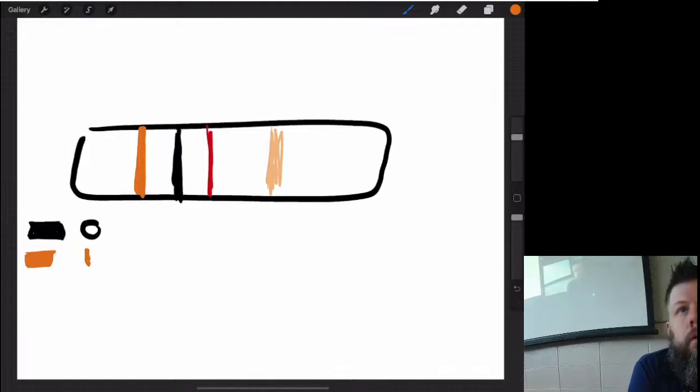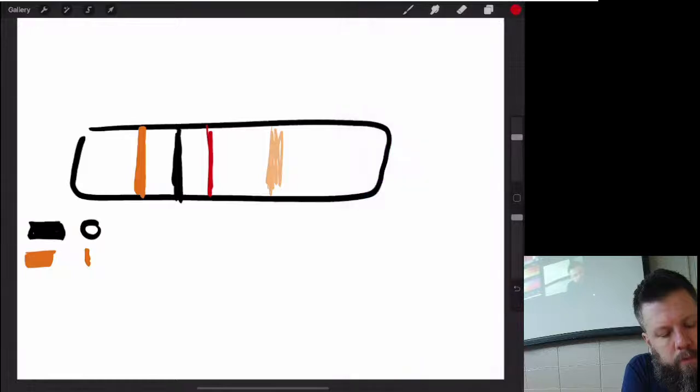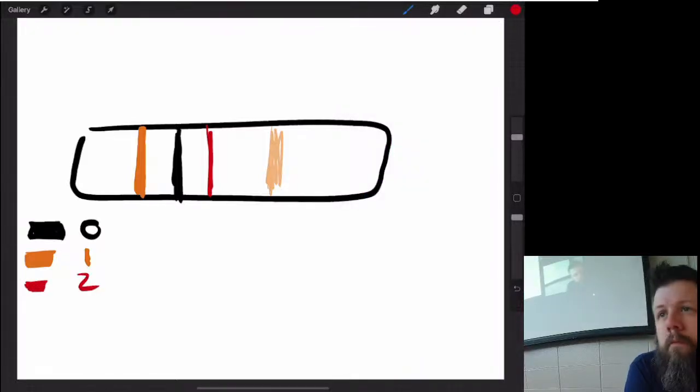Okay. So that takes out most of our not in the color wheel type things. Okay. And then we start going with what's next? Red. Right? What's next? It goes from red to yellow? Orange.